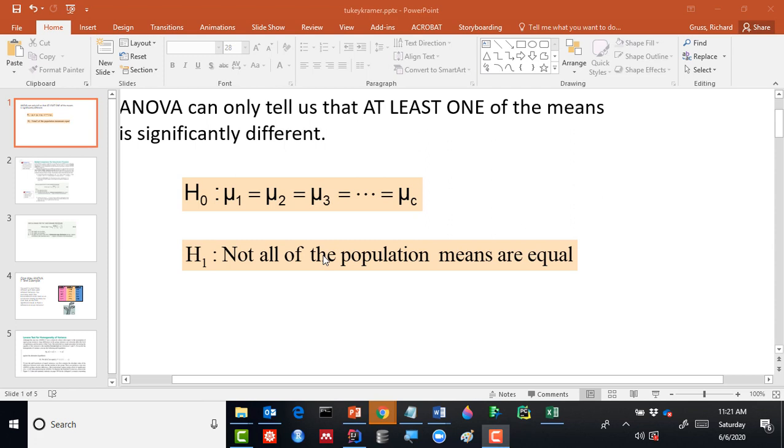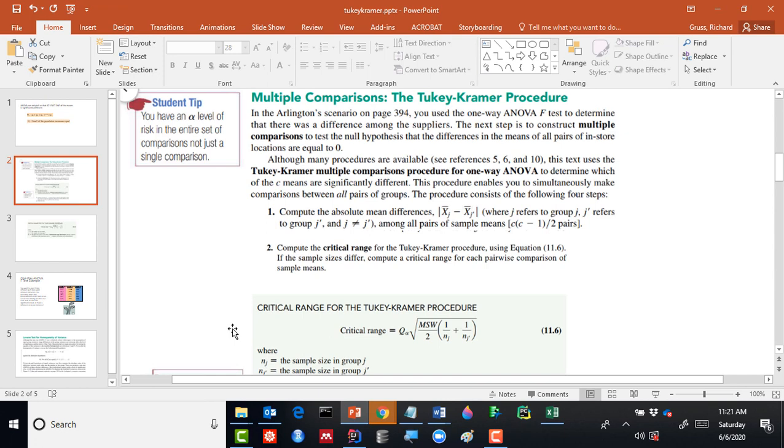There are a lot of these tests, but one of them is called the Tukey-Cramer procedure. With this procedure, we go pair by pair and compare the absolute value of the differences between each of the means, and then we see if they're larger than some kind of critical value or critical range.